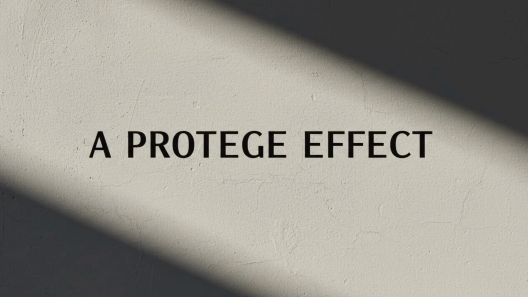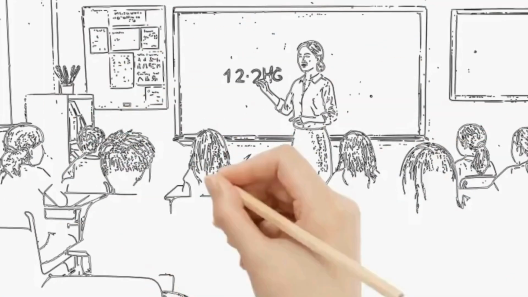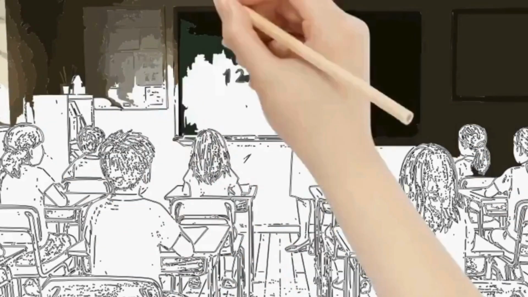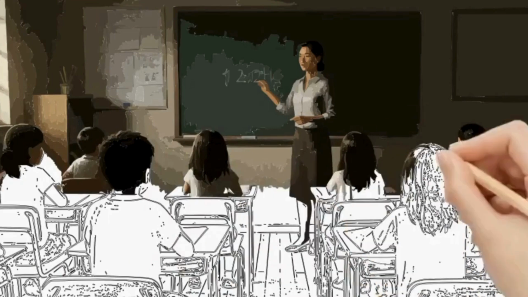We say it is a learning phenomenon where teaching or preparing to teach a topic to others enhances one's understanding and retention of that material. This protégé effect suggests that the act of explaining a concept or material to someone else forces you to organize your thoughts, identify knowledge gaps, and ultimately grasp the subject matter more deeply. And how does it work? We say it works by active learning.